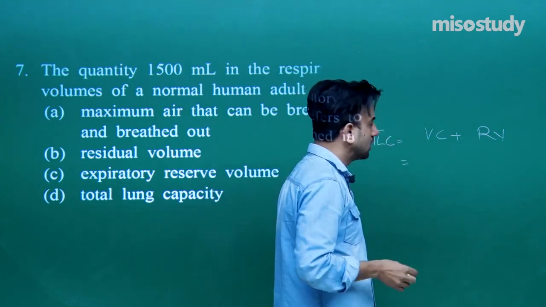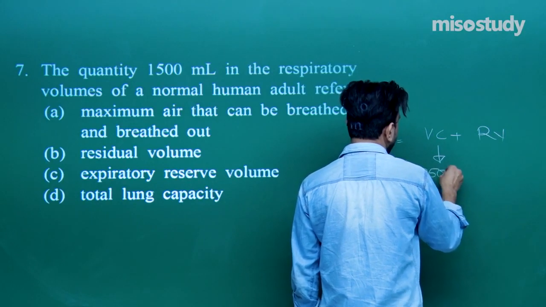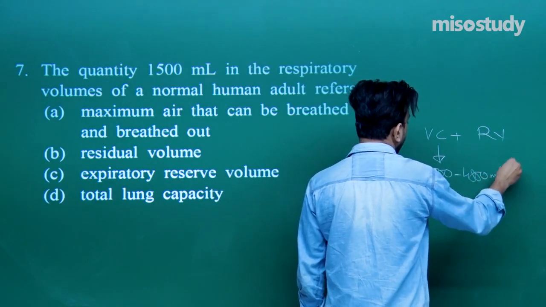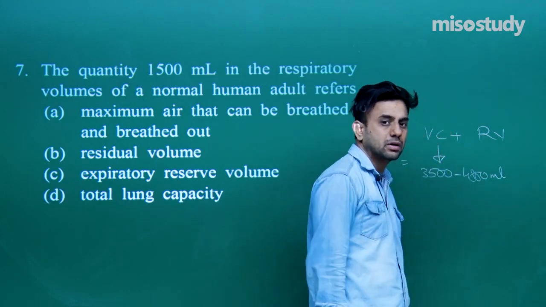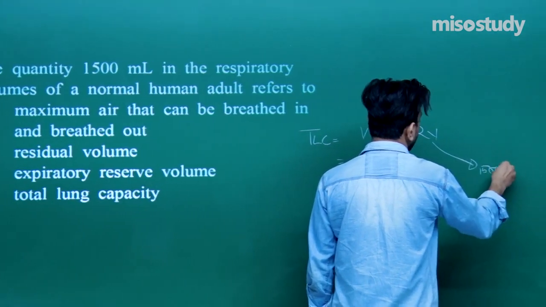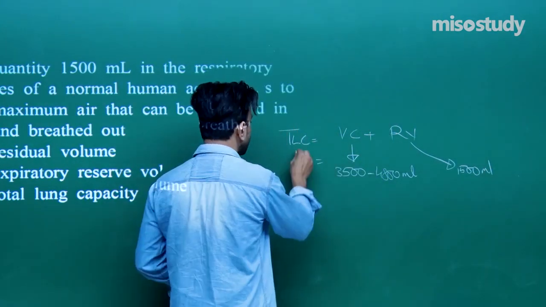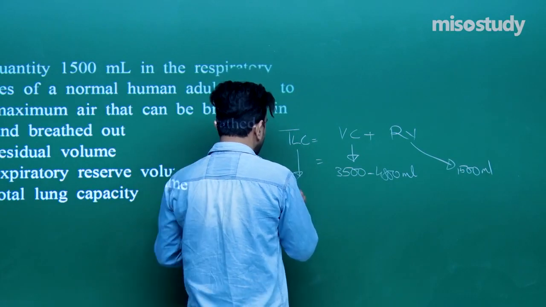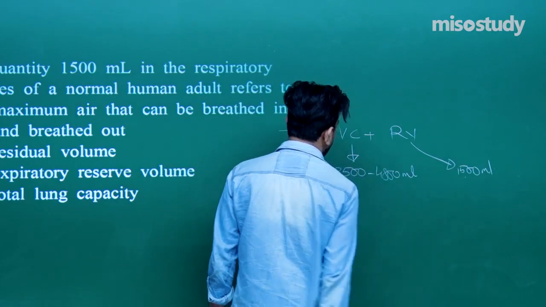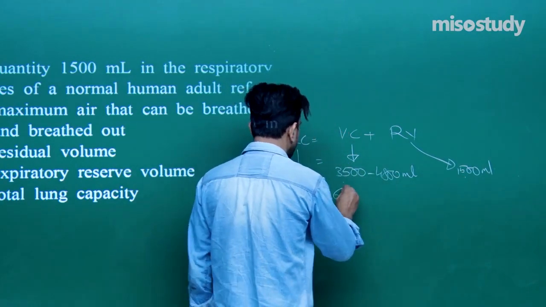We have already said that the vital capacity is somewhere between 3500 to 4800 ml, and the residual volume is somewhere around 1500 ml. So, how much would this come out to be? The total lung capacity would be 5000 plus 1300, that is 6300 ml.